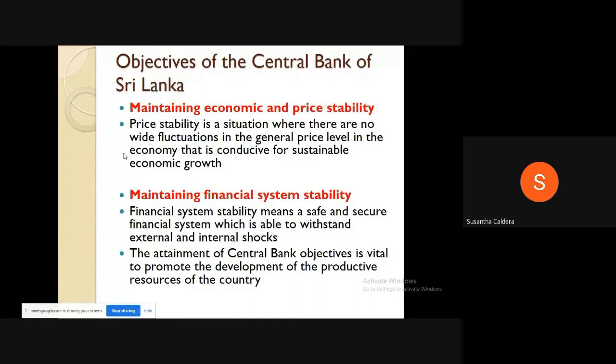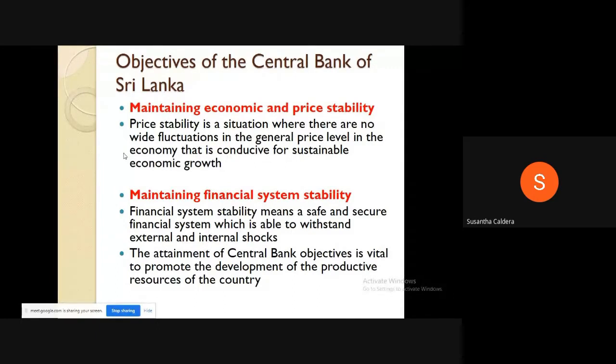So even though this is one of their main objectives, it is up to you to judge whether they have been successful or have failed, right? The other one is maintaining financial system stability.